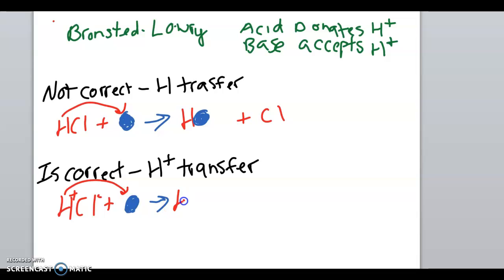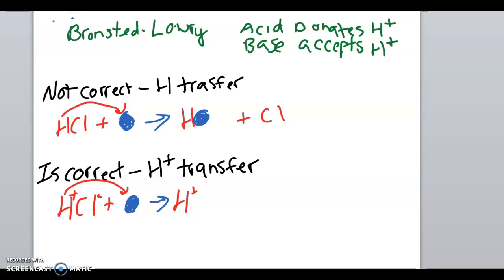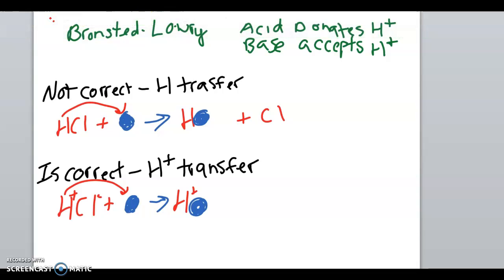And so your product will be H+ and blue blob, plus, because your positive hydrogen has left your chlorine, the chlorine is left with its negative charge.